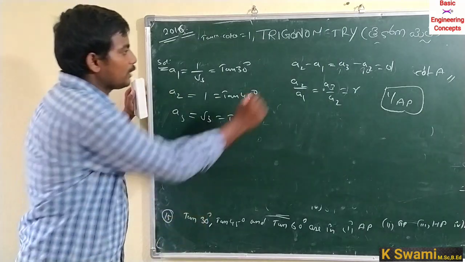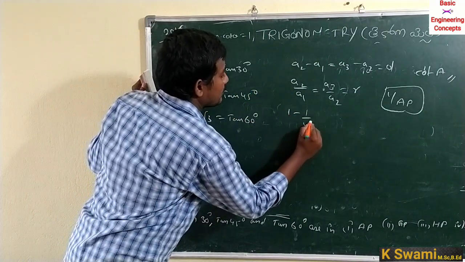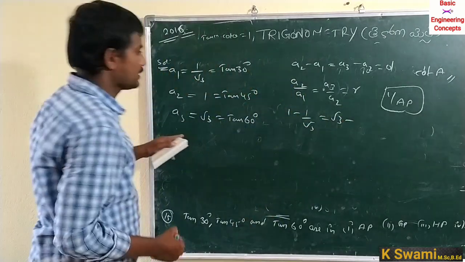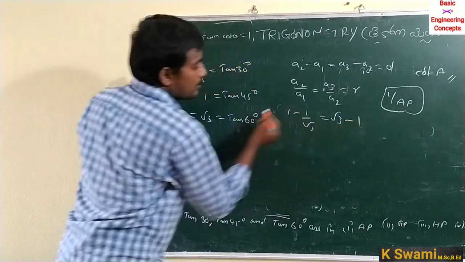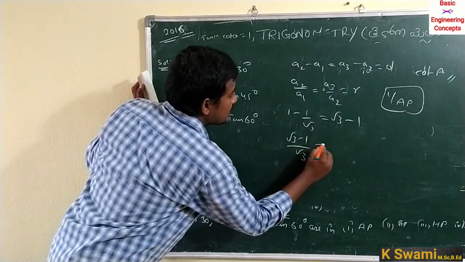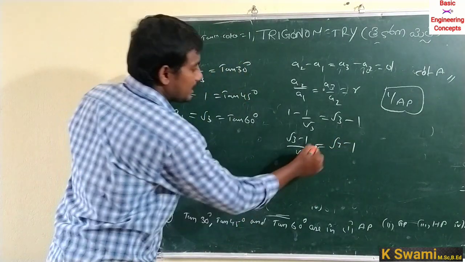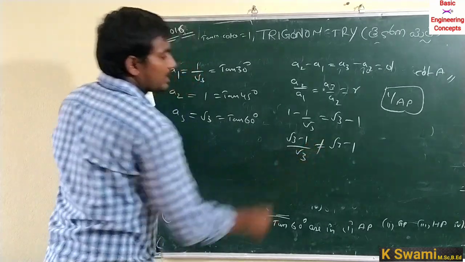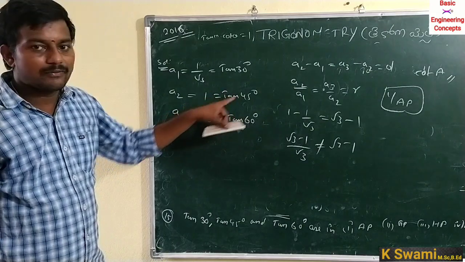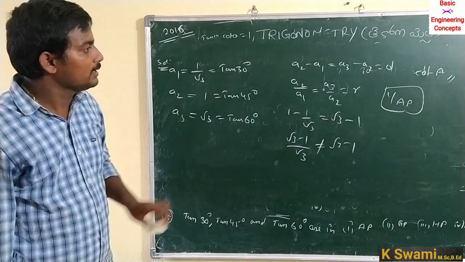Substitute: A2 minus A1 means 1 minus 1/√3, and A3 minus A2 means √3 minus 1. Finally, the two are not equal. So tan 30 degrees, tan 45 degrees, tan 60 degrees are not in AP.